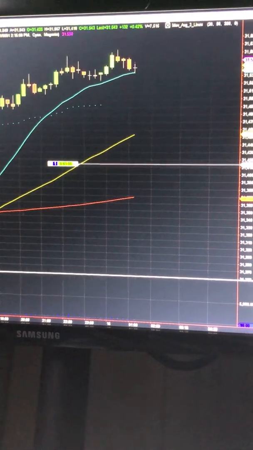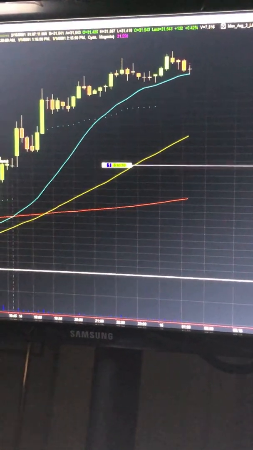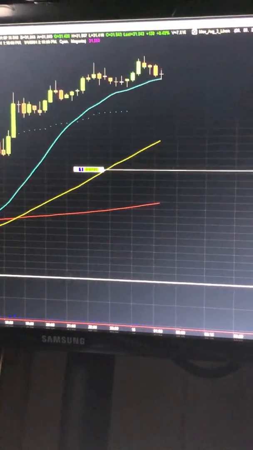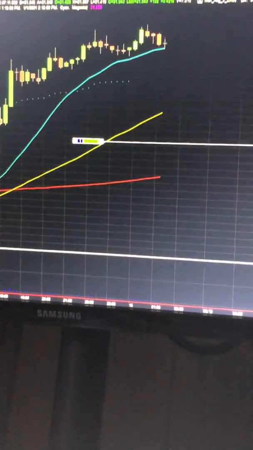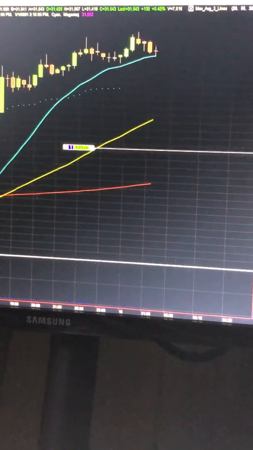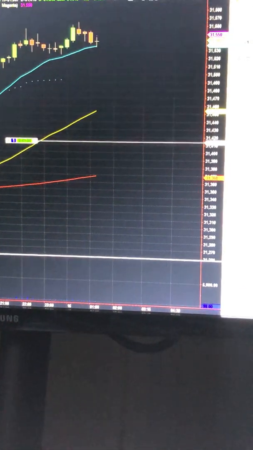It's just gone up and away, and so I really don't know what to expect. But my thoughts are that it's more likely to go down than up right now. So I'm not going to be disappointed if it goes down.